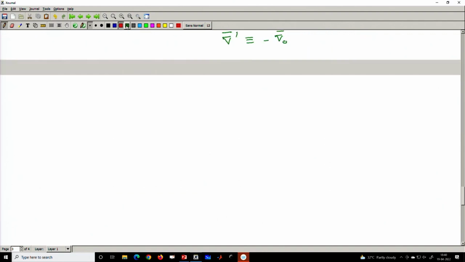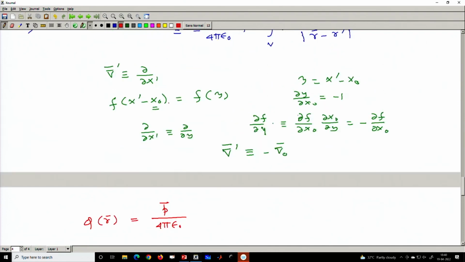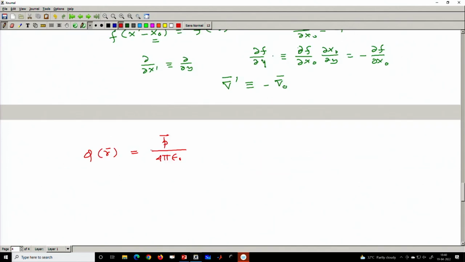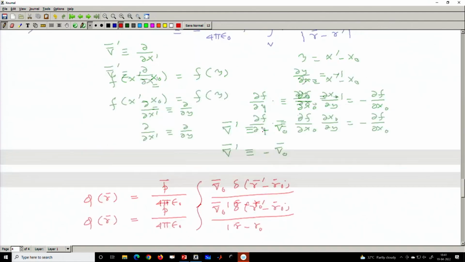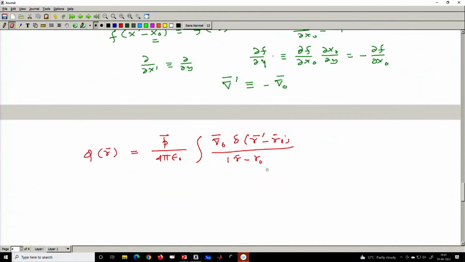If I do that step, my phi r will be simply p divided by 4 pi epsilon 0, and I can take this operator outside, because now this negative sign is absorbed, and I have this operator over delta r prime minus r 0 divided by r minus r prime, sorry, not 0, r minus r prime, and then dv prime.